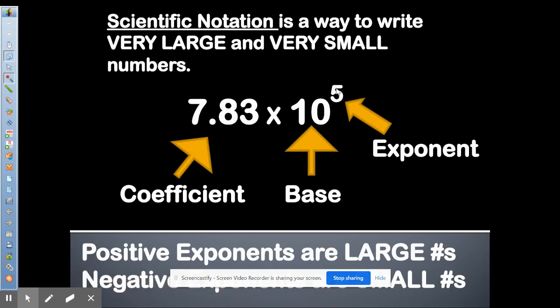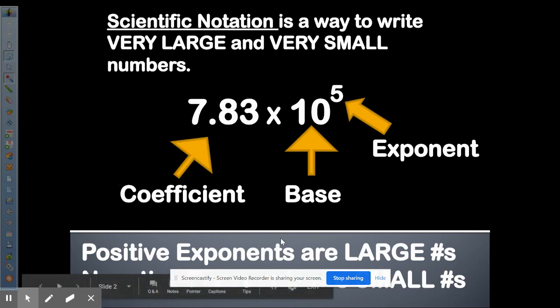This number is going to represent how many times you move your decimal. So once again, coefficient, your base times 10, this times 10 will never change. Anytime you write a number in scientific notation, it will always have the times 10, and it will always have an exponent, but that number will change. Positive exponents are large numbers, and negative exponents are going to be your very small numbers.